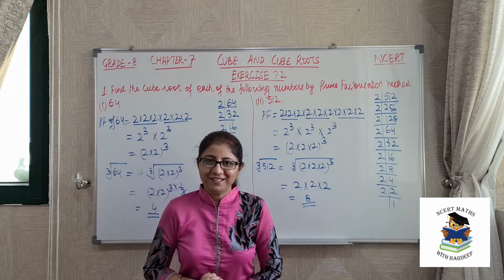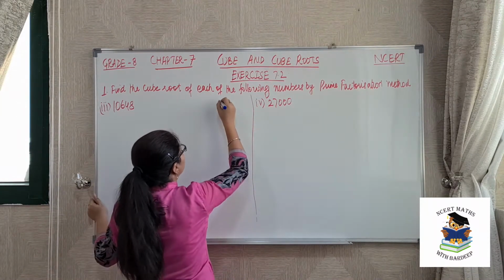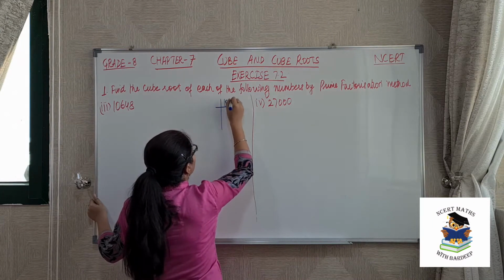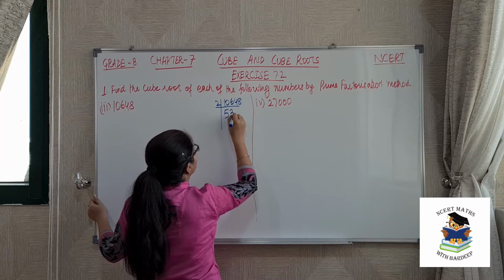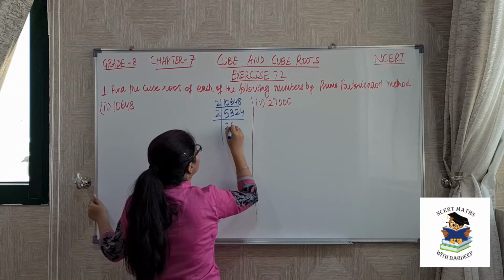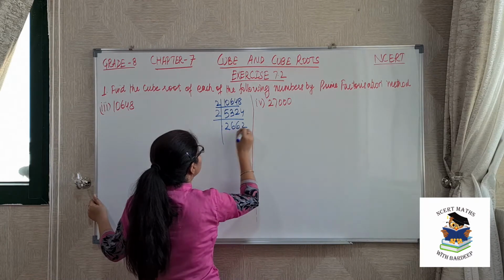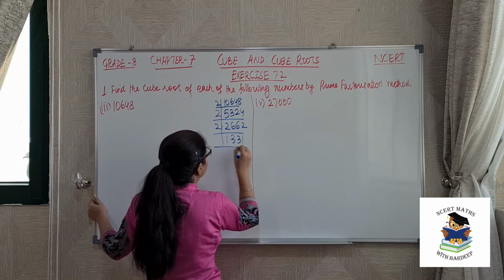So now let's see the next part. So the third part is 10648. So 10648 in the table of 2, this is 5324, 2662, 1331.